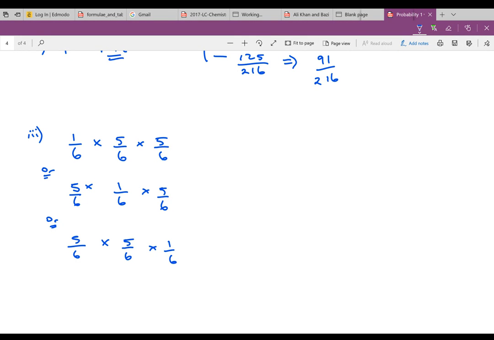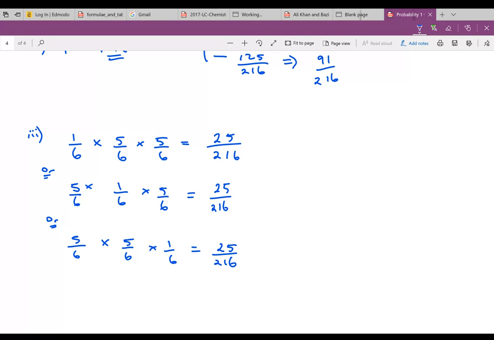Now, every single probability here that I calculate, I go to my calculator, will get me 1 over 6 times 5 over 6 times 5 over 6, which is 25 over 216, because I'm multiplying the same numbers. And remember, multiplication doesn't depend on the order that they're multiplied in.